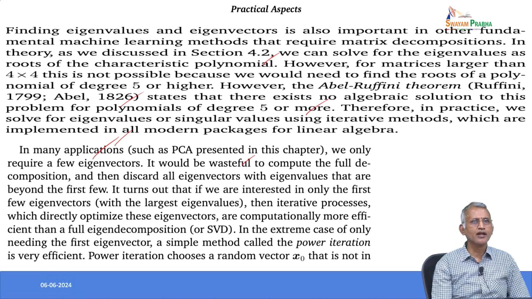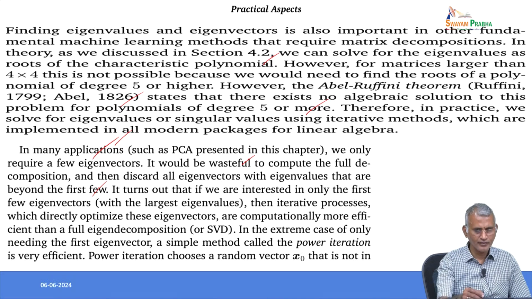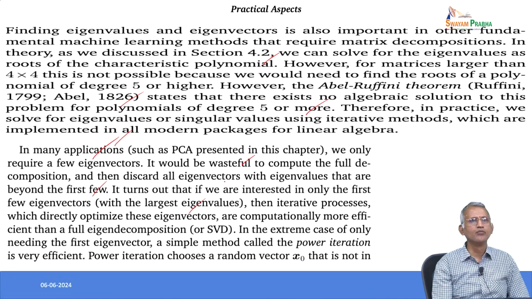If we are interested in only the first few eigenvectors with the largest eigenvalues, then iterative processes that directly optimize these eigenvectors are computationally more efficient than the full eigen decomposition. In the extreme case of only needing the first eigenvector, a simple method is called power iteration.